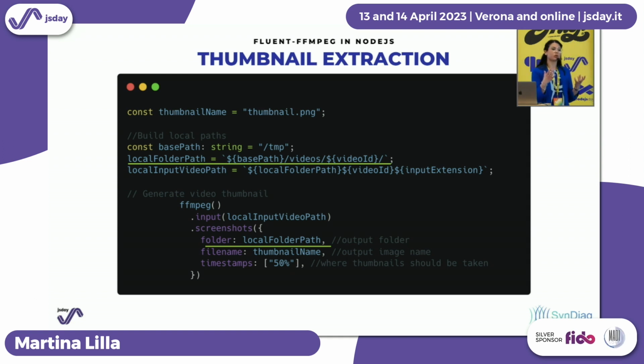This method allows you to create one or several thumbnails for your video, and you have to pass an object with some options, such as the folder, that is the output folder where you want to put the generated thumbnail. Then the file name, so the name that you want to give to your thumbnail, that in our case is thumbnail.png, as stated in the first row. And timestamps, an array of timestamps where you want to extract the thumbnail. In this case, by providing 50%, we are saying to extract a single thumbnail in the middle of the video.